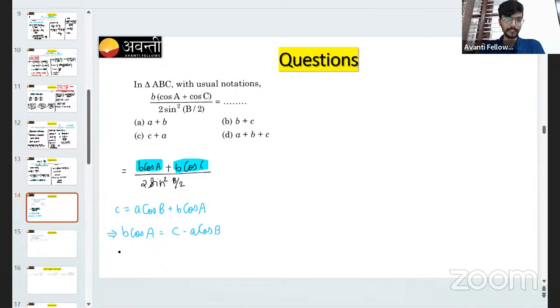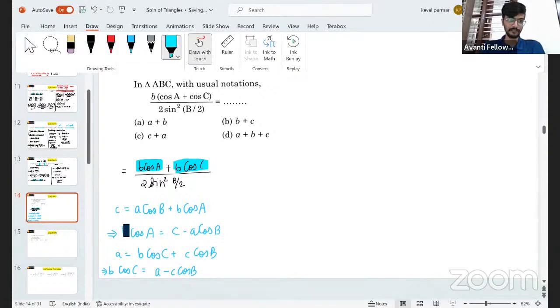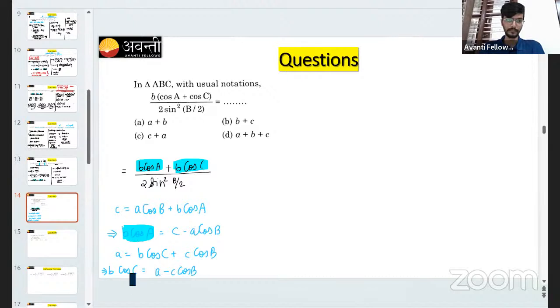Similarly, we know that A is equals to B cos C plus C cos B. So from here, I can write B cos C as A minus C cos B. So if I substitute these here, B cos A, B cos C, what will I get?